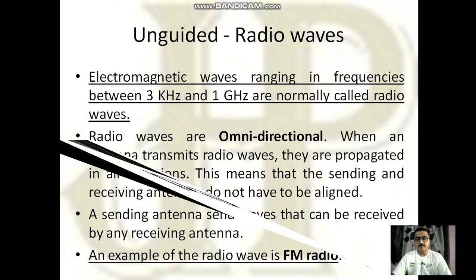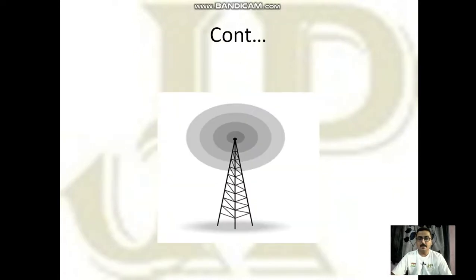That's why sending and receiving antennas do not have to be aligned. Because of this property, the most popular device that uses radio waves is FM radio. Clear?